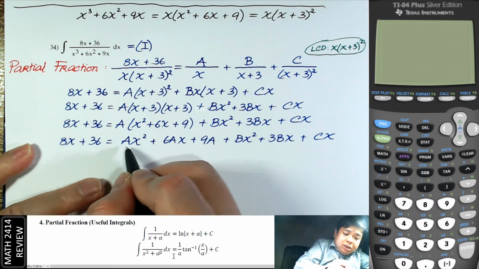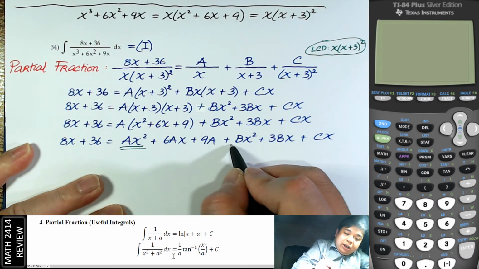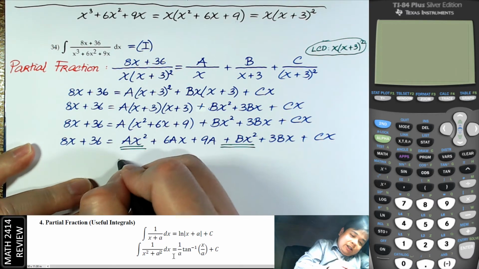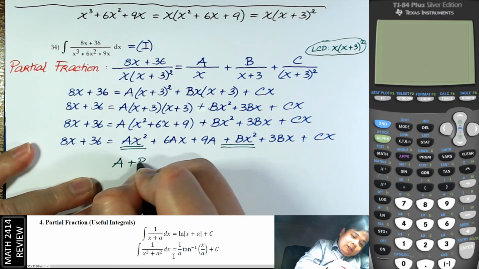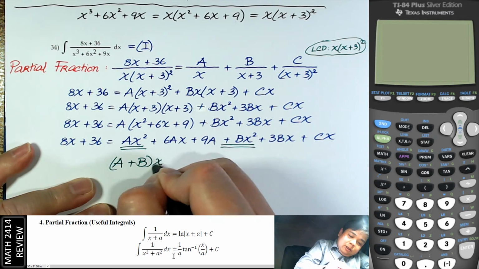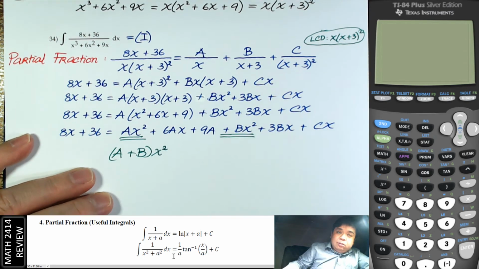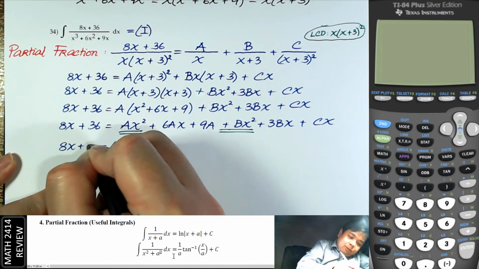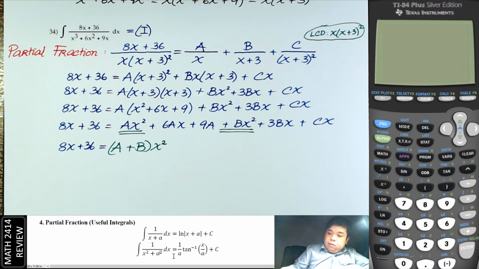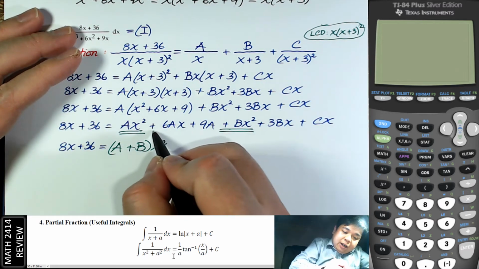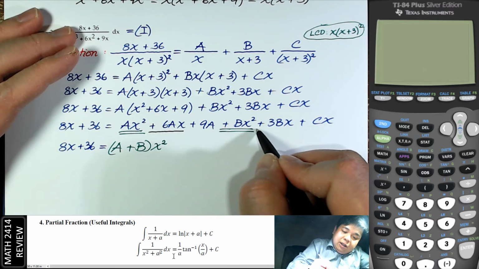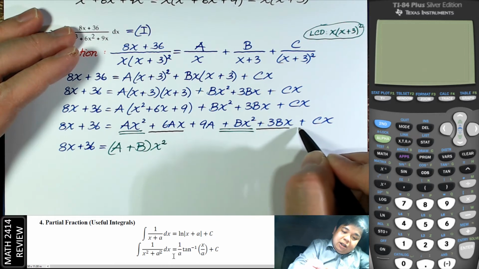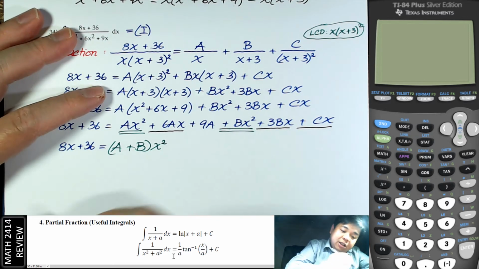Combine like terms, x squared and x squared. And then ax, bx, and cx, all of them have x.